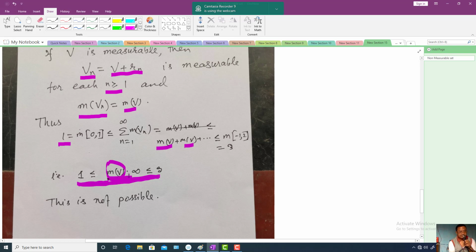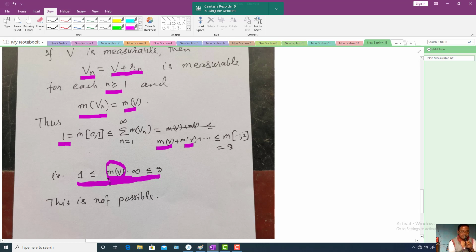In that situation, the measure of V times infinity is going to be infinity, and it is going to be less than 3. That is not acceptable. And if the measure of V is 0, then 0 times infinity is 0, and that is going to be greater than 1. That is also not acceptable. So in all possible cases, you are in a situation which is not acceptable.